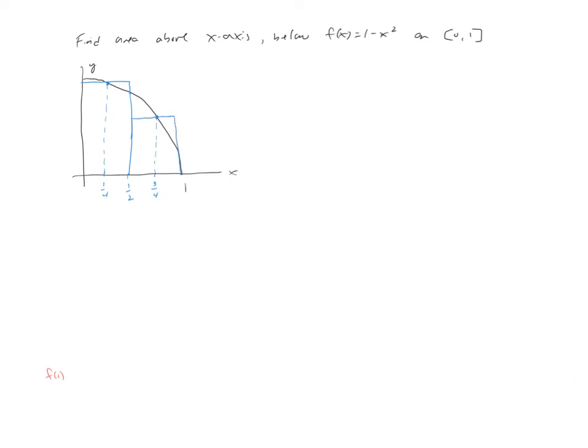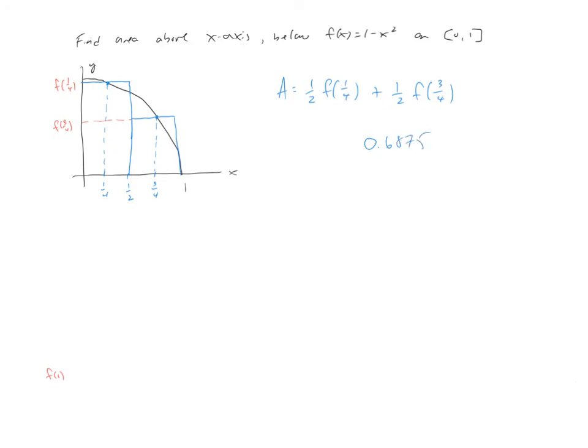So the overall base of my rectangle is still going to be 1/2, but my heights now are going to be f of 1/4 for the first one, and then f of 3/4 for the second one. Okay, so our area: a base of 1/2, a height of f of 1/4, plus a base of 1/2, a height of f of 3/4.